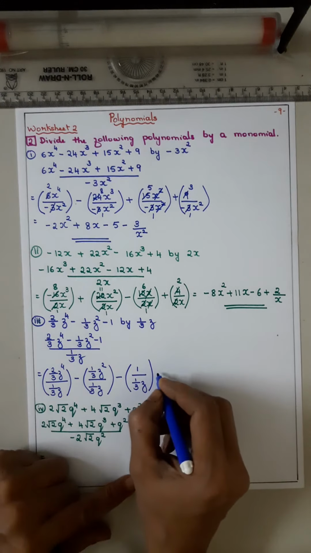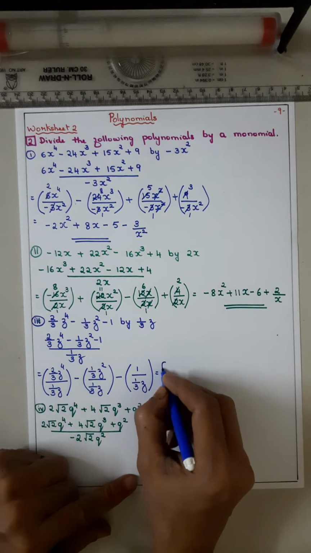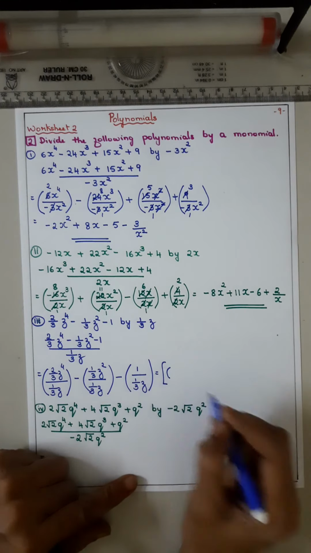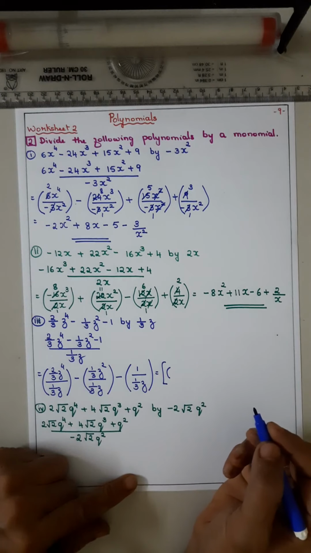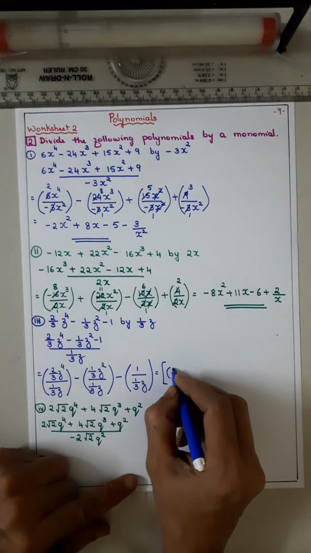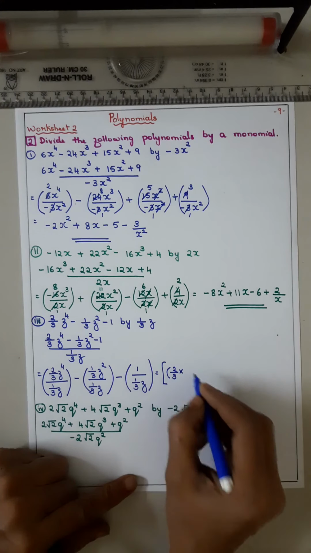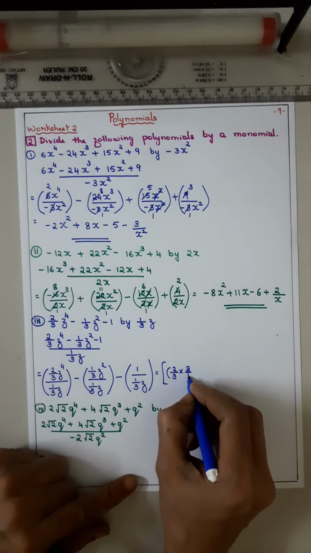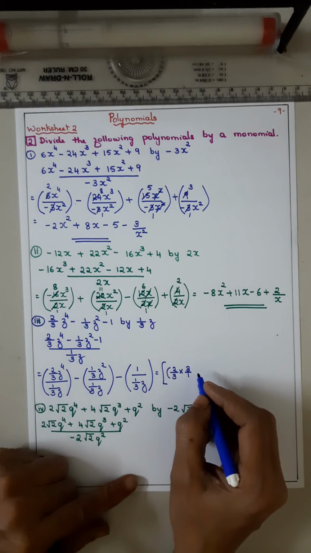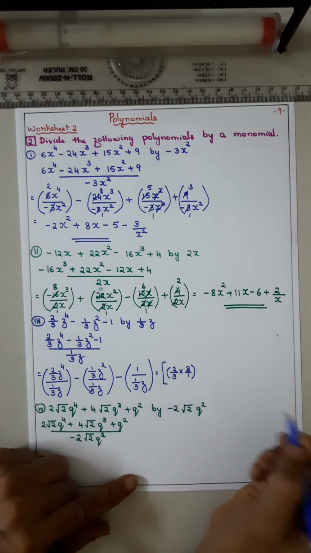Okay. Now the numbers, we'll take an extra bracket. Now 2 by 3 upon 1 by 3 means multiply by 3 by 1. Bracket close.